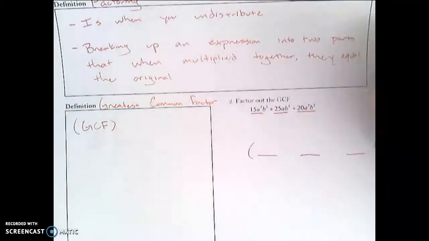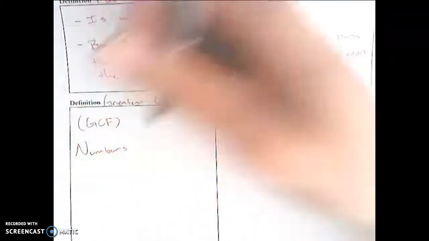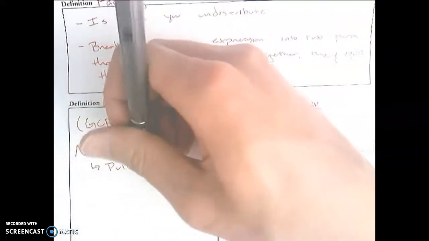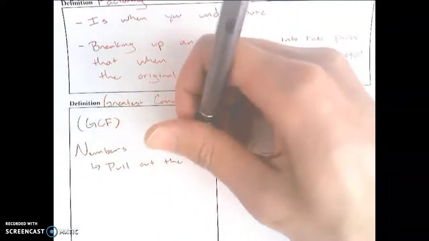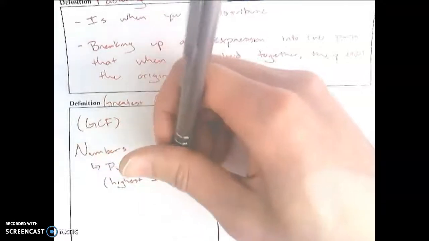And those are going to be inside of parentheses. So first, let's talk about the numbers. When we're factoring out numbers, we want to pull out the GCF. And in other words, this is the highest number that they all have in common.